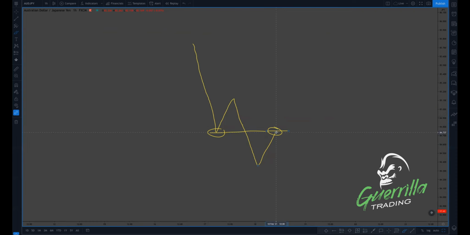We also know that, of course, as soon as we get into this position, as soon as we break this most recent low and the trend continues, for example, we have a position here. We enter our position where we see the circle and we have our stops above this level. As soon as the trend continues and breaks this most recent low, we are able to significantly reduce our risk.